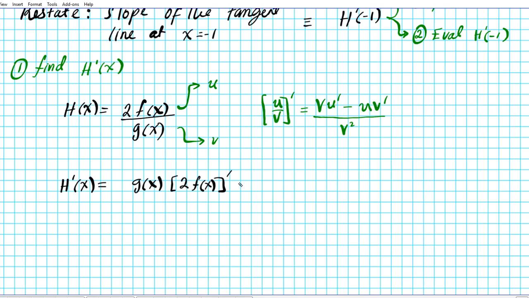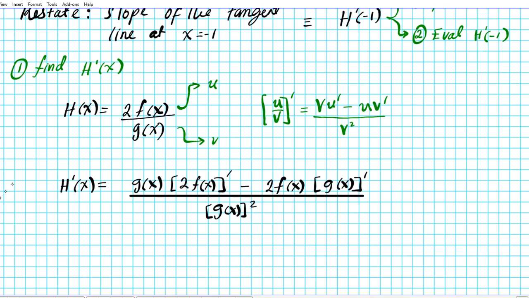That's vu prime minus u. u is 2 times f of x. So that's uv prime. v prime is g of x prime. Okay, and we divide it by v squared, the denominator squared, which is g of x. Okay, so we square that.